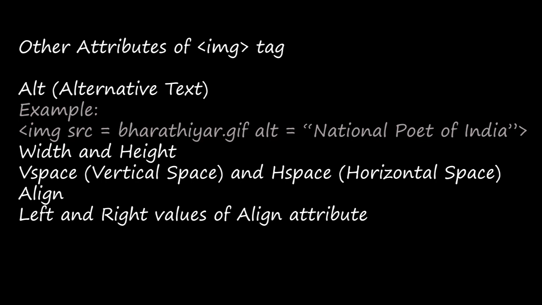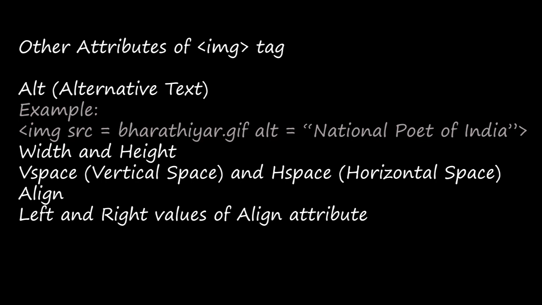Here the example is img src, you give the image file name, and then space alt equal to, and inside double quotes you give a simple text. You can give any type of text, and if that image is not displayed, this alternative text will be displayed.